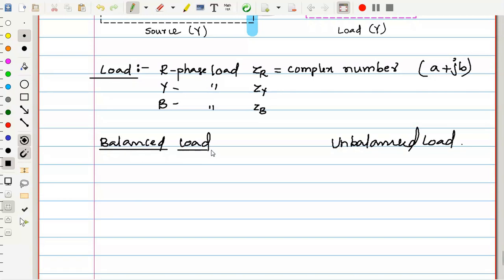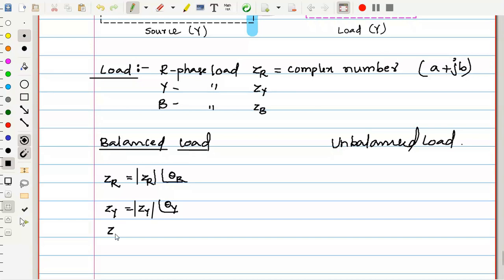Now how we classify this is based on the impedances of each phase. This is a complex impedance, which can be written as magnitude mod ZR at an angle of theta R, the phase angle. Similarly, mod ZY at an angle of theta Y. The theta Y may be negative or positive, it doesn't matter for us.